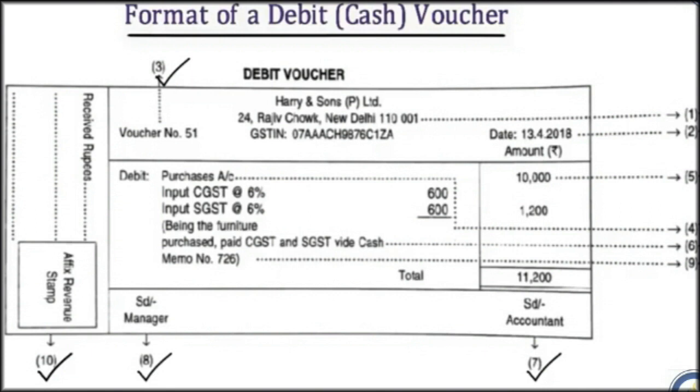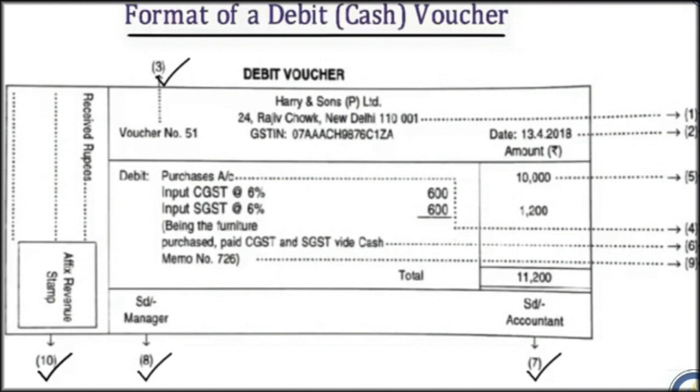The fourth is the titles of the accounts debited, that is, the titles of the accounts which are being debited. For example, here we have written debit purchases account. That means we are making purchases and paying cash, so we are debiting purchases.